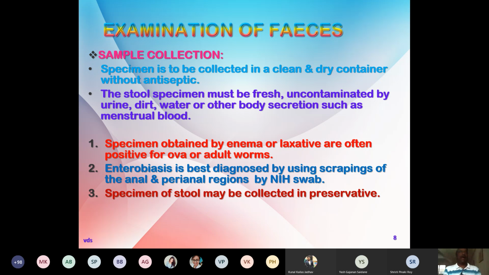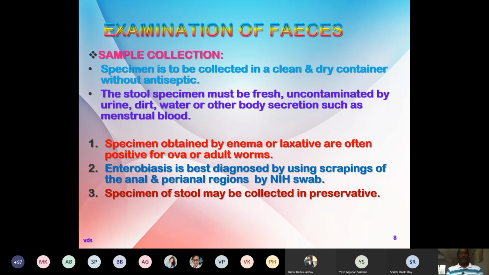Antiseptics have an adverse effect on the trophozoites, and the adult worms in the helminths, and the trophozoites in the protozoan parasites. They may sometimes destroy even the cysts of protozoan parasites. So usually the container should be a clean, dry, wide mouth container.